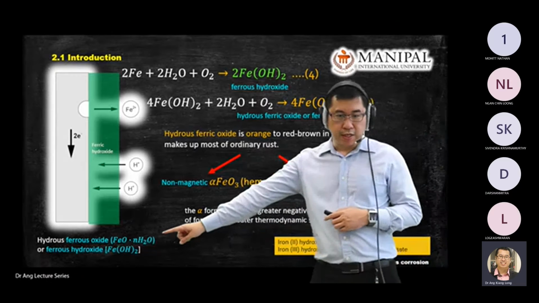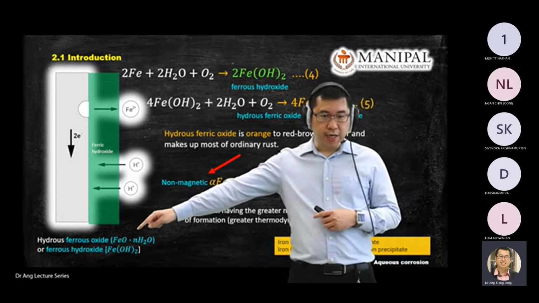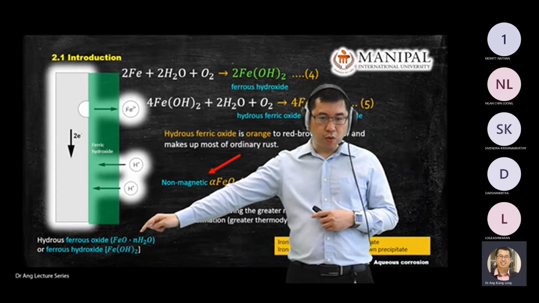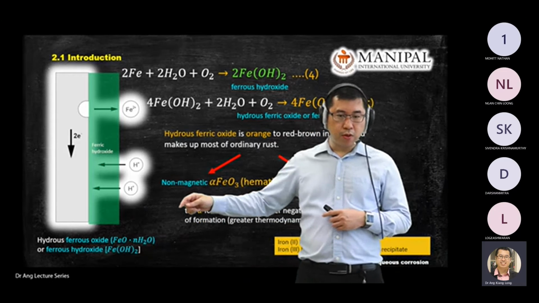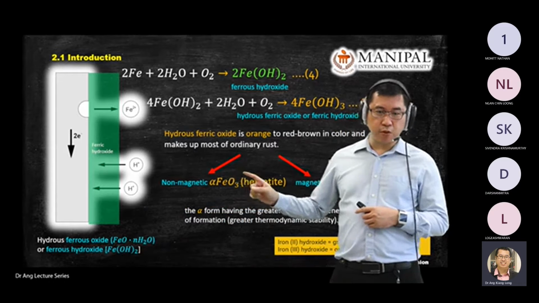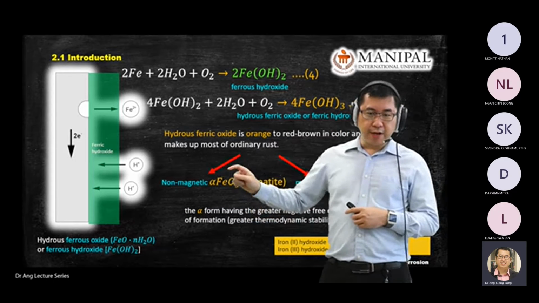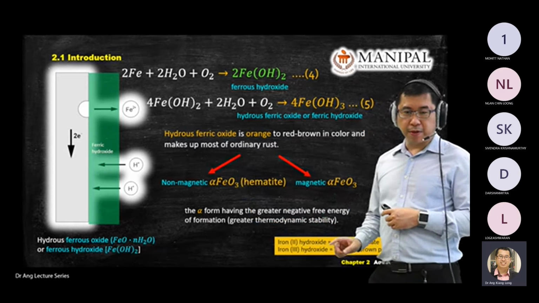Okay, so you see here, I put a side note. Ferrous oxide is FeO and water. So if your FeO changes to Fe2O3 with the alpha, it means it will be thermodynamically stable, right?